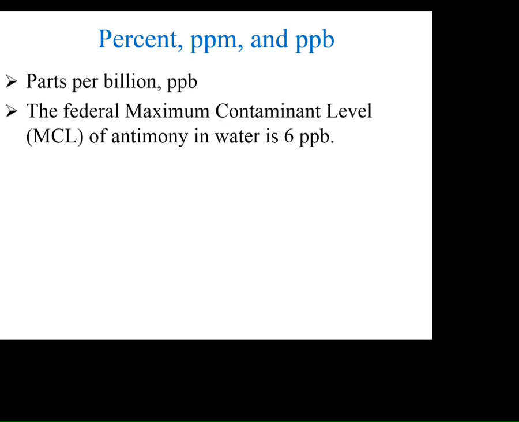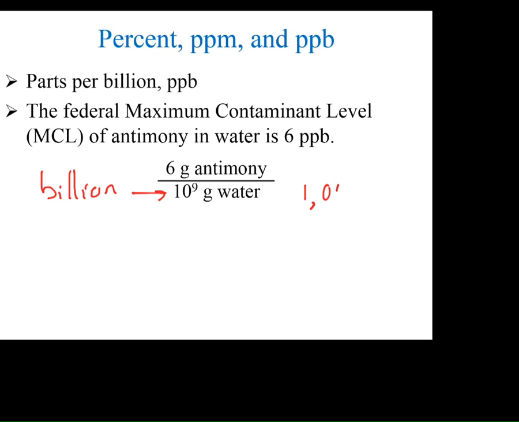So that means out of every billion parts of water, you can have 6 parts of antimony. And a billion is 10 to the 9th, right? Because it's a 1 with 9 zeros after it.